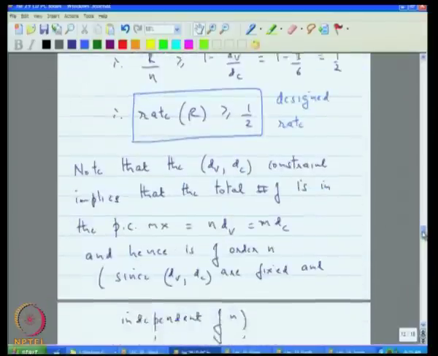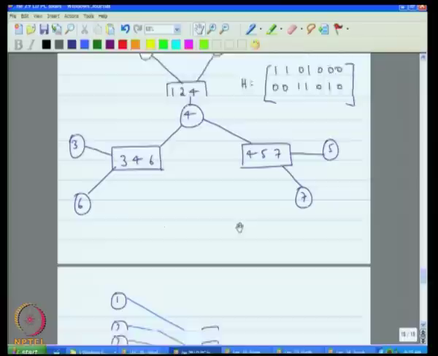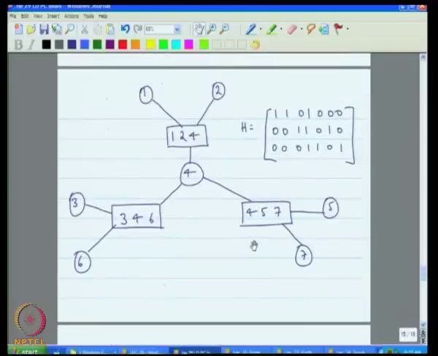I told you that messages are passed on this graph to decode the code. I also pointed out that these messages are in some sense not completely new, because a certain type of message passing is similar to the message passing we encountered on the junction tree. So, with this I will close, and we will take this up in the next lecture. Thank you.